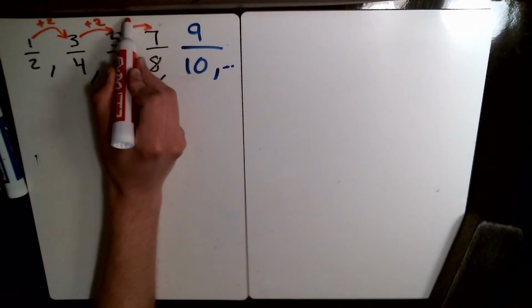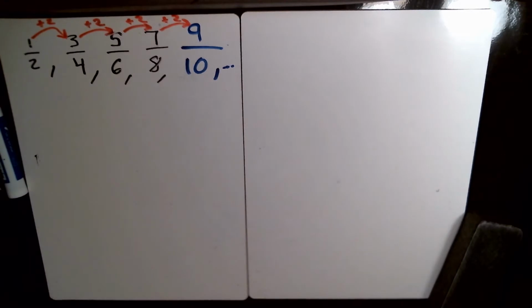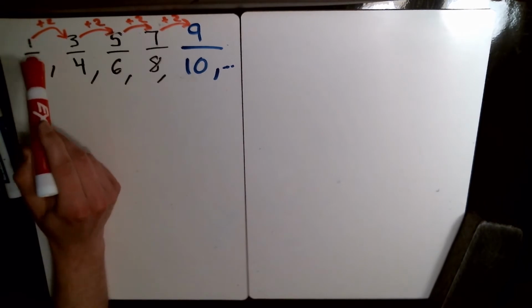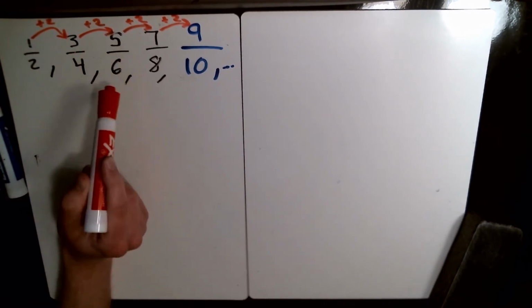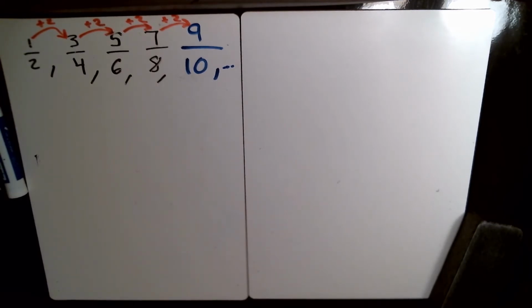So the next one should also go up by 2 to give me 9. And I've also noticed the bottom is always 1 bigger than the top, and that's how I got this term. Now, not all patterns are like this. Some patterns will be different, but you want to notice the pattern so that you can write an equation for it.